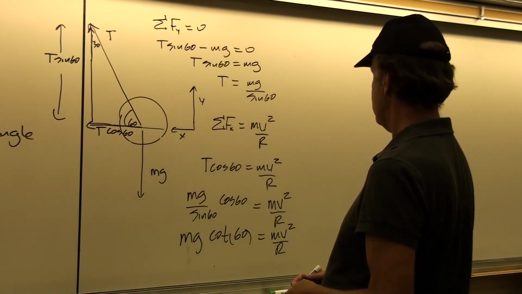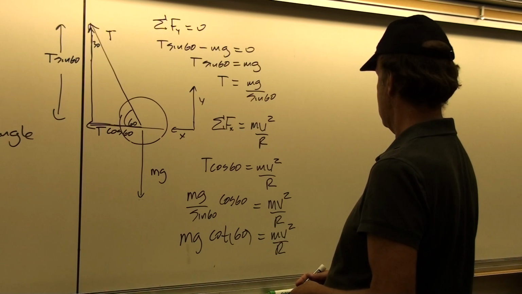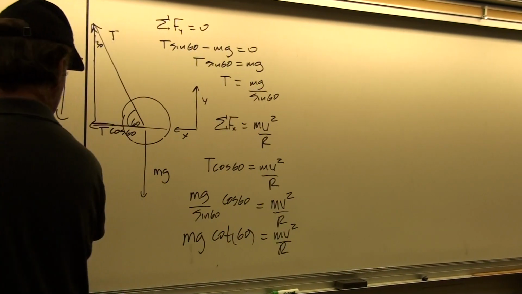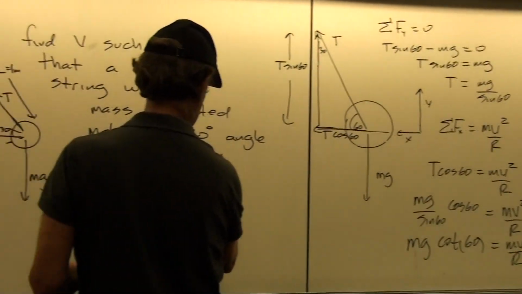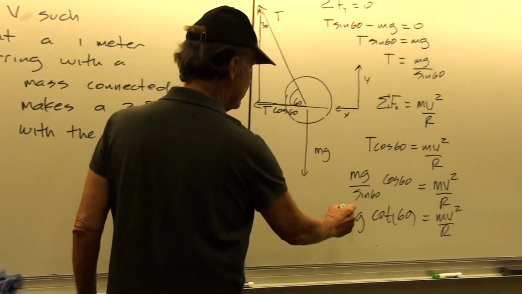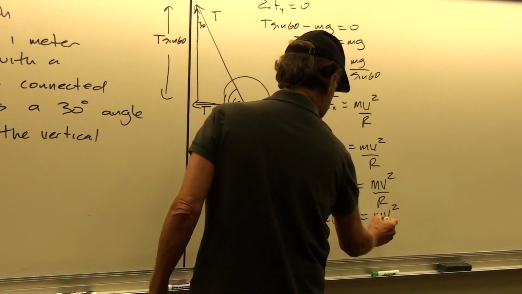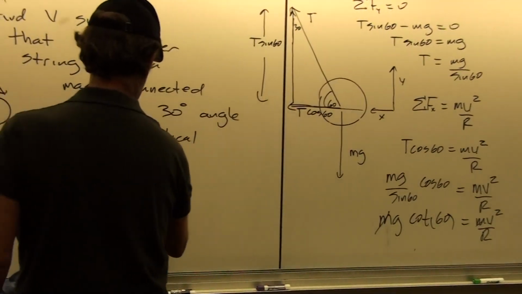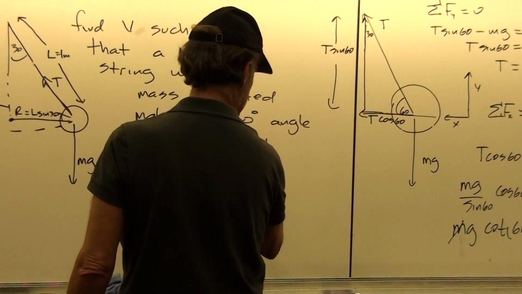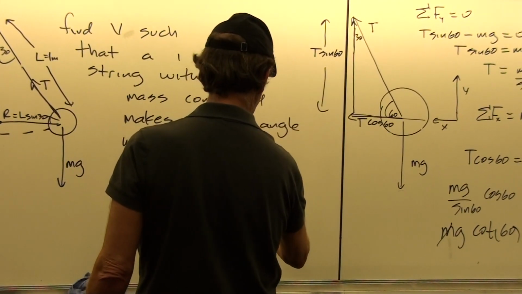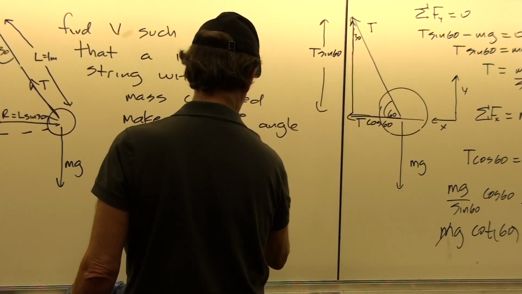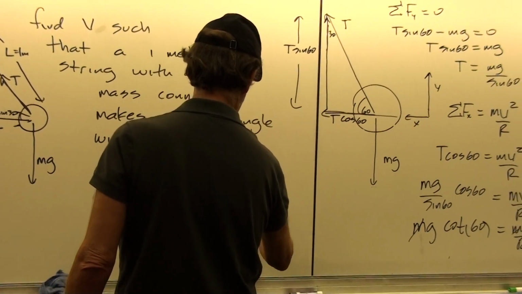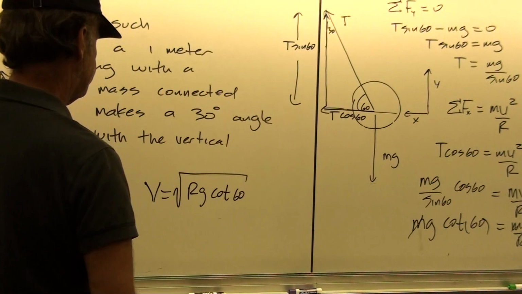Okay, so now we're in a position where we can solve for the radius. We see from this expression, you can cancel out the m's. And so v is going to be the square root, again, the square root of rg times some other factor, in this case, the cotangent of 60 degrees.